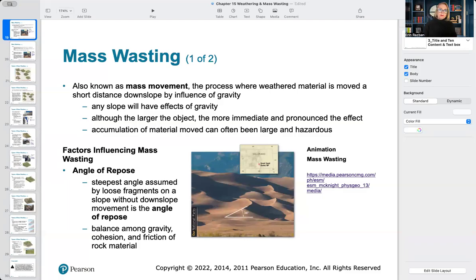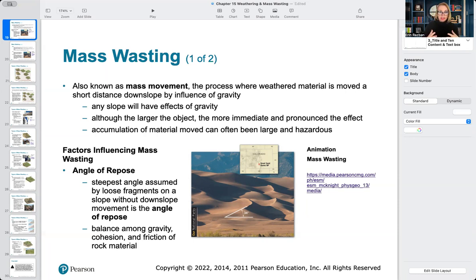Before diving into specific types of mass wasting, we need to understand some key concepts. Every loose material on a slope has what's called an angle of repose. It's the steepest angle at which loose material remains stable without moving downslope.